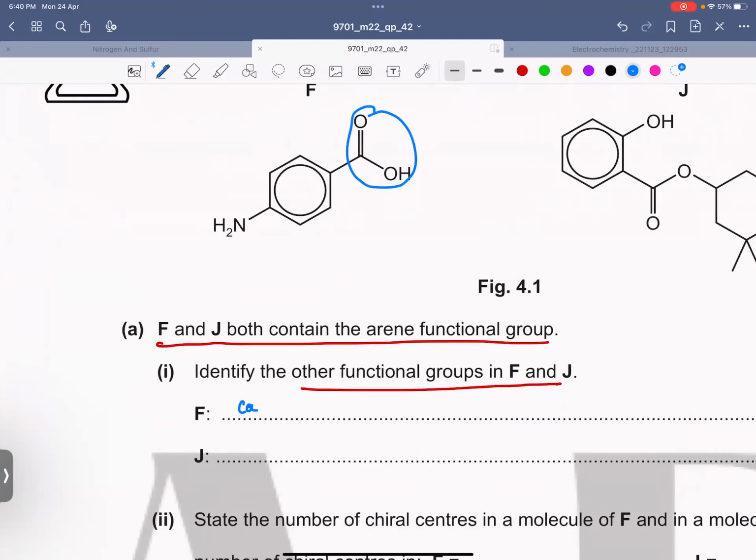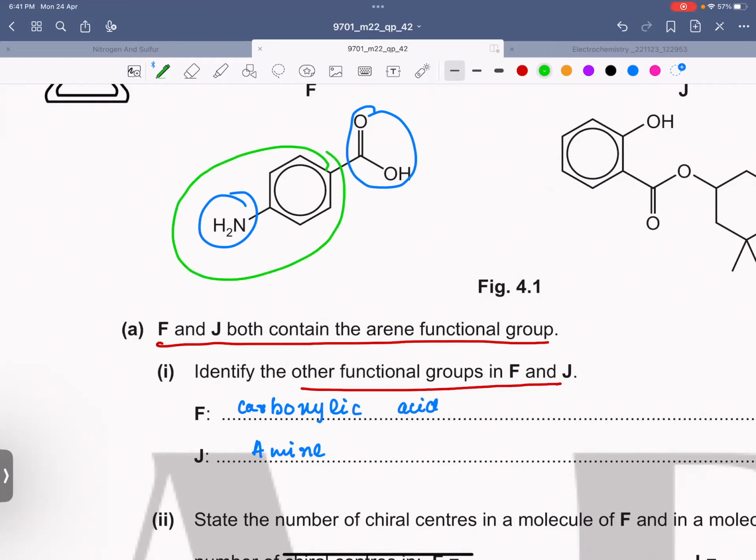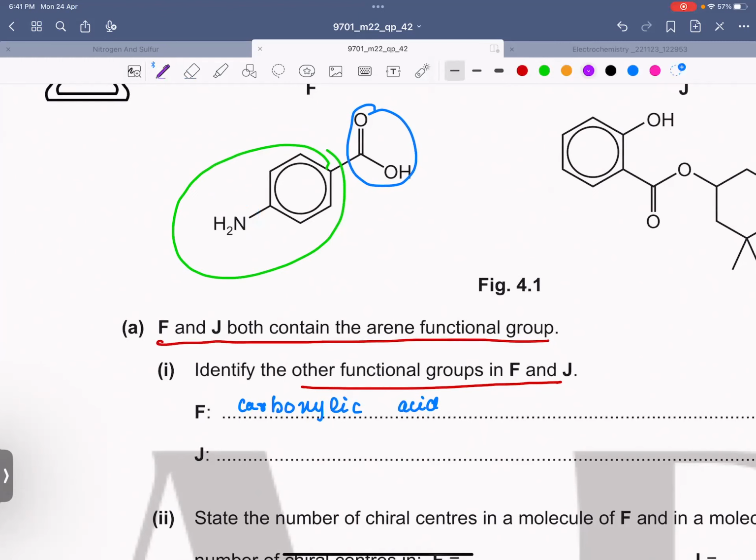So in F we have this one, a carboxylic acid, and here we have amine. This is amine, and remember, if you include this whole part, then it is considered as phenylamine. So you can write either one. Oh, J is a different molecule, sorry, I overlooked. So carboxylic acid, and that is amine.